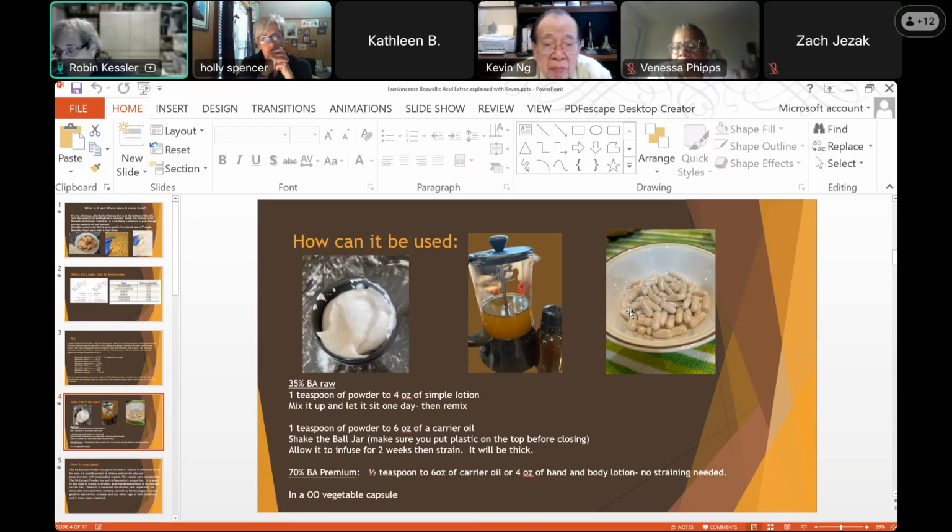When they use the ethanol alcohol, that's what makes it even more powder. The 70%, when done with an organic ethanol solvent, has very little smell and very little taste. The raw has a nutty frankincense type smell and taste.